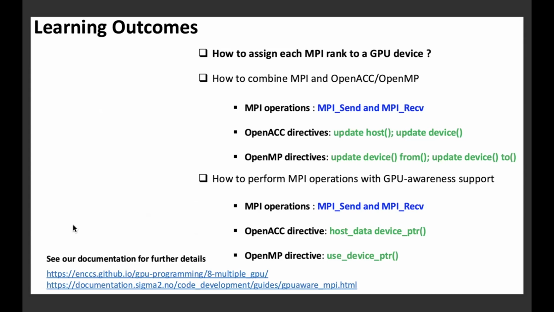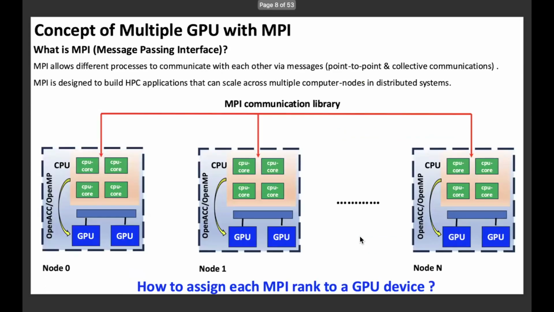The second part will be about combining MPI with OpenACC or OpenMP, and this is the traditional concept. We will have another example there. And last, we will have the concept of GPU-aware MPI. And these are the MPI functions and the directives that I will be using for the examples. So that's basically the main outline of the presentation.